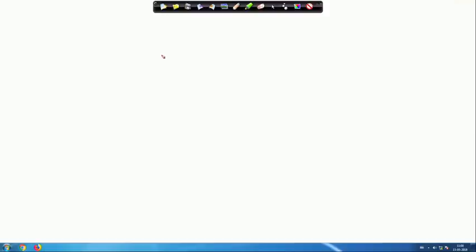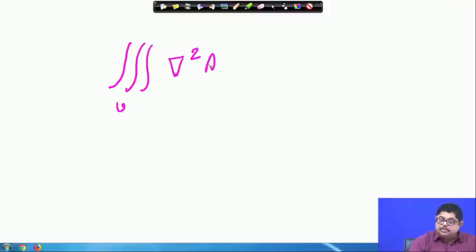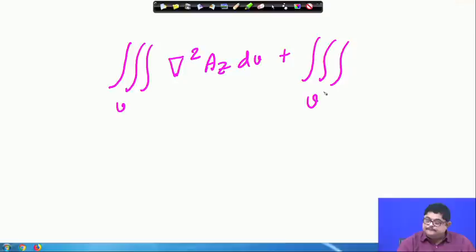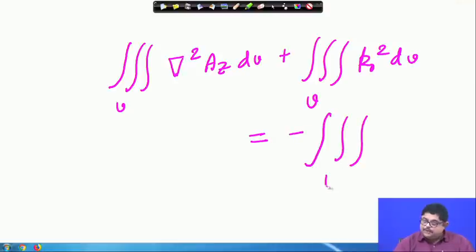So, putting this in the scalar Helmholtz equation, while integrating, our actual equation will be: the volume integration of del square Az dV plus k naught square Az dV is equal to minus the volume integration of mu naught Jz dV.